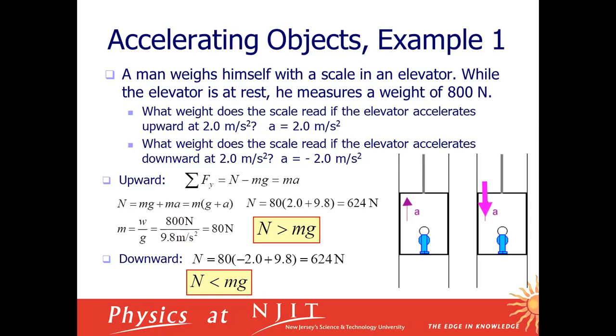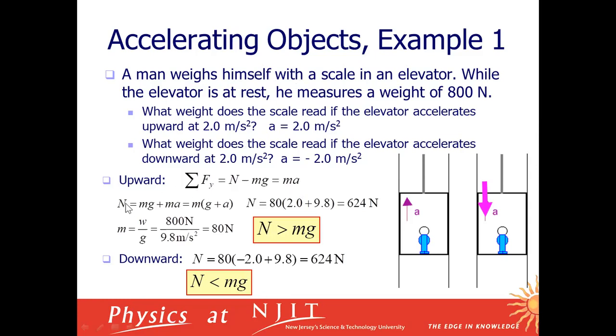To solve this one, the summation of forces Fy is equal to the normal force minus your weight, which would be equal to the mass of the elevator plus the man multiplied with the acceleration of the elevator going upwards.